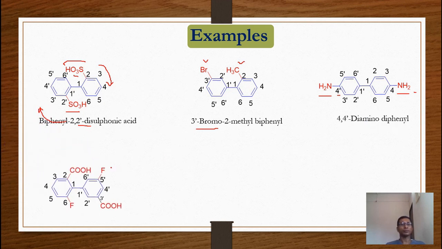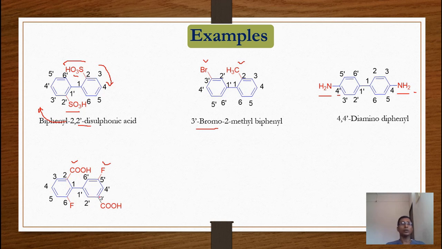Next example. Here, two kinds of substituents are there. One is the COOH group and another one is fluorine. But this COOH group is the functional group of highest priority. Thus, it must receive the lowest possible number.